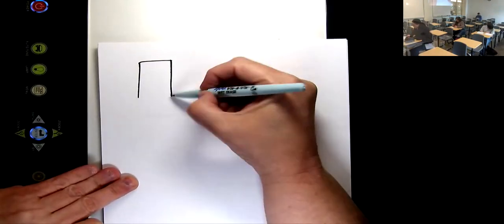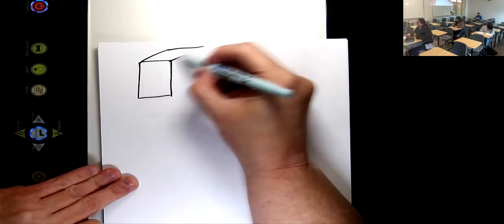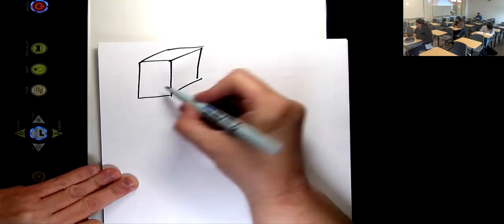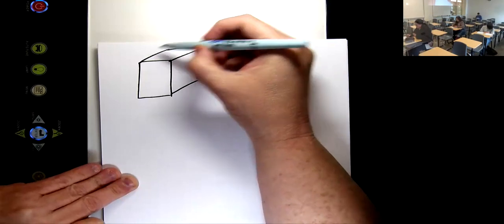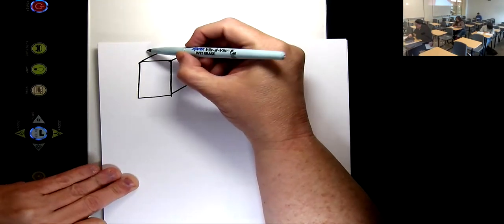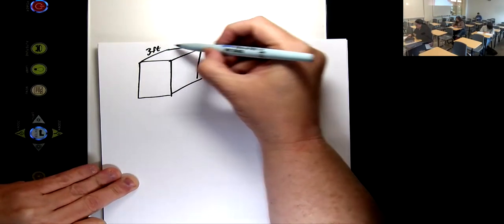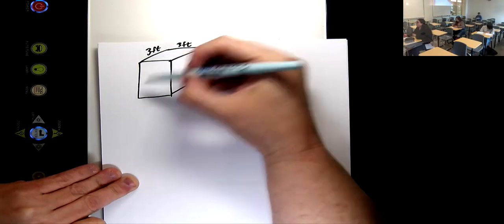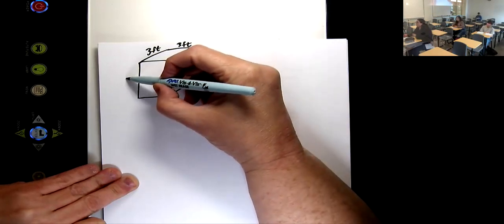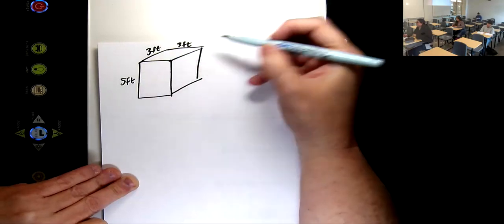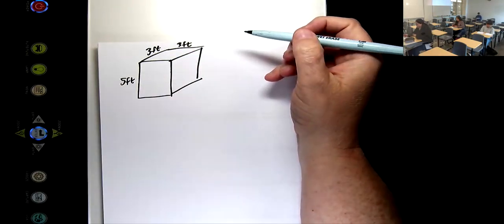Let's say the box is like this, and the bottom is a square shape, maybe 3 feet by 3 feet, but the height is 5 feet. I don't know, like a refrigerator box.